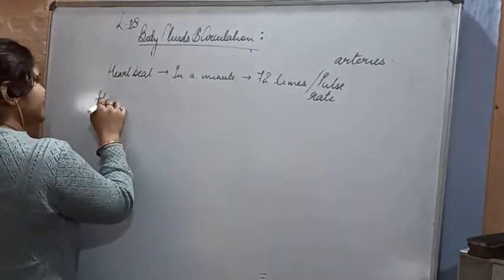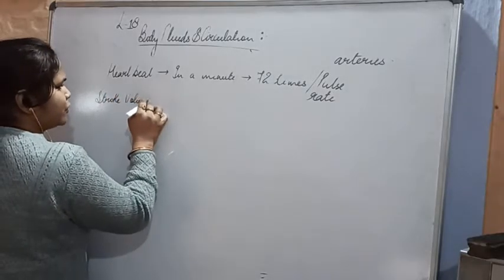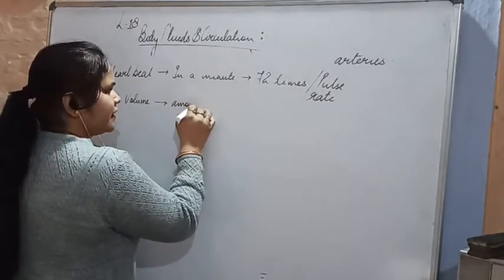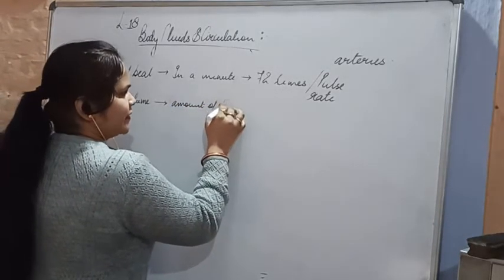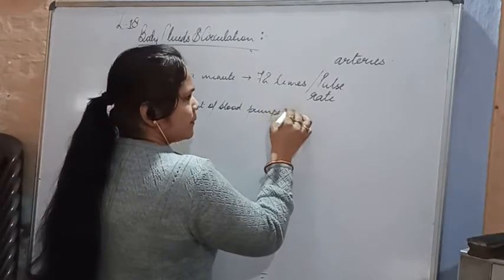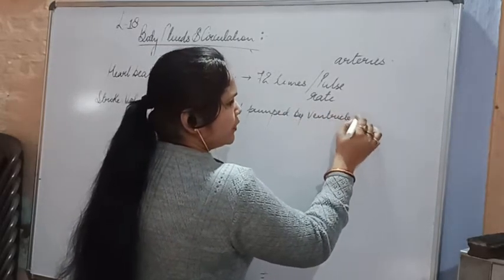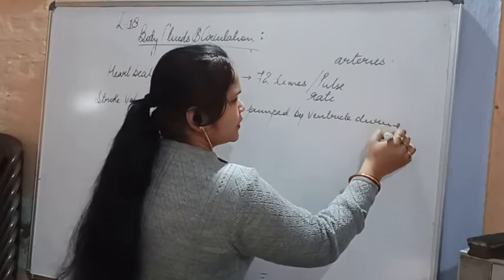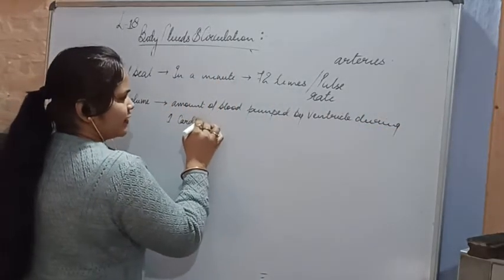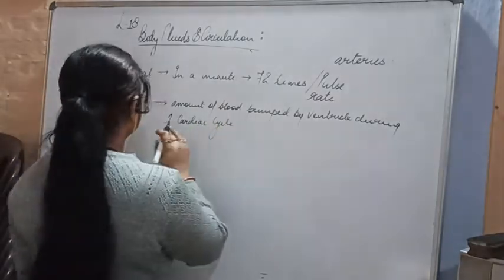The next thing we have to see here is the stroke volume. What is a stroke volume? The amount of blood pumped by a ventricle during one cardiac cycle is called the stroke volume.